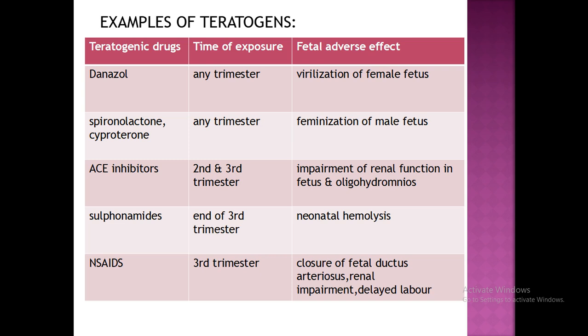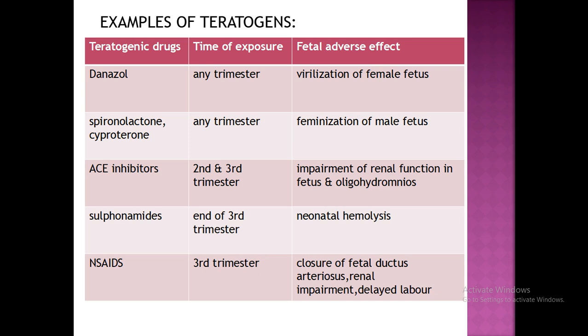Then sulfonamides, at the end of third trimester, if the mother is getting exposed to sulfonamides, it leads to neonatal hemolysis. Then NSAIDs, non-steroidal anti-inflammatory drugs. When the mother is exposed in the third trimester, it leads to closure of fetal ductus arteriosus.